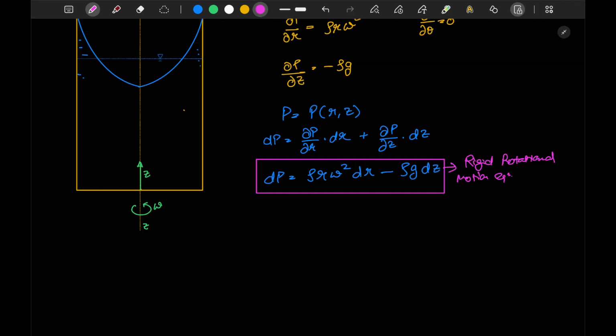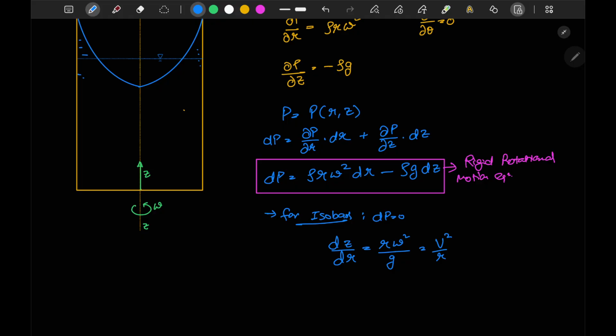If I want to calculate the isobars, I can substitute dp is equal to 0. From here I will obtain dz by dr is equal to r omega square by g, which can also be written as v square by rg, since r omega is equal to v.